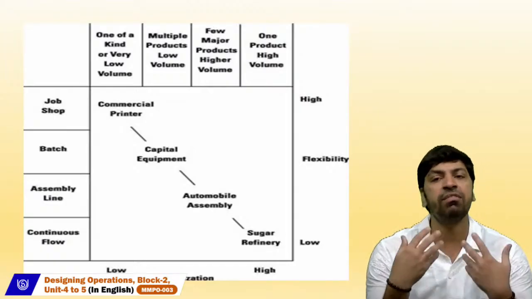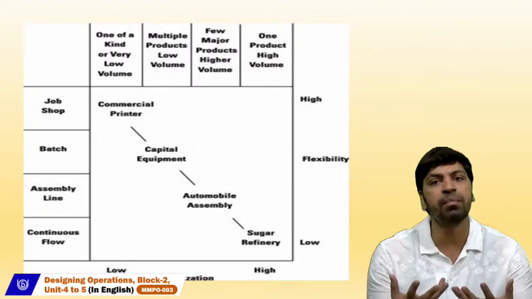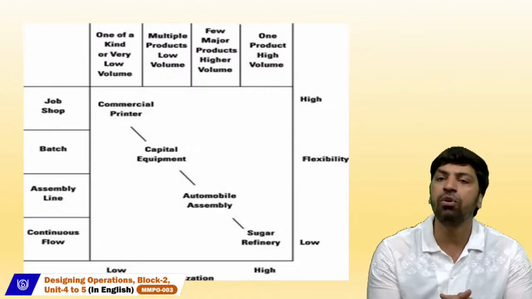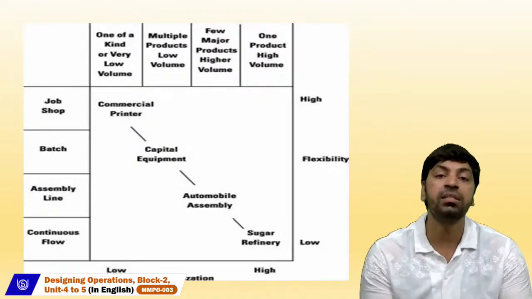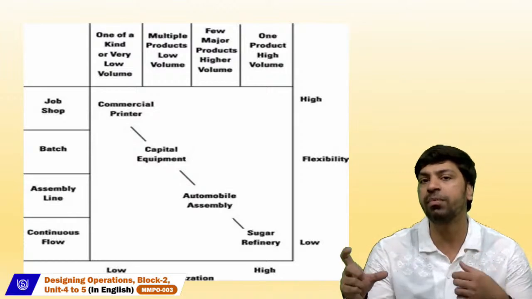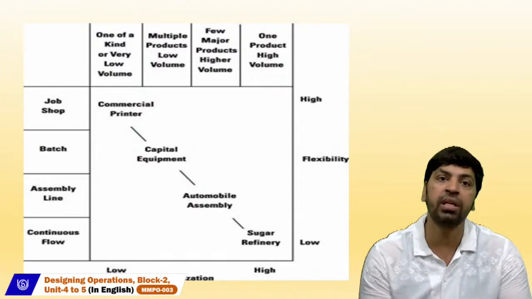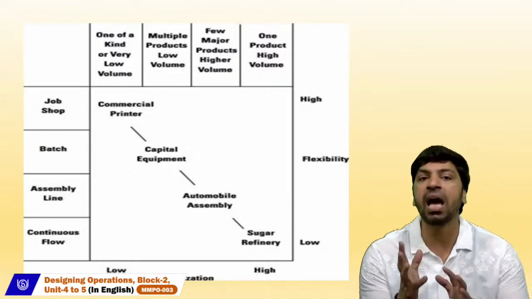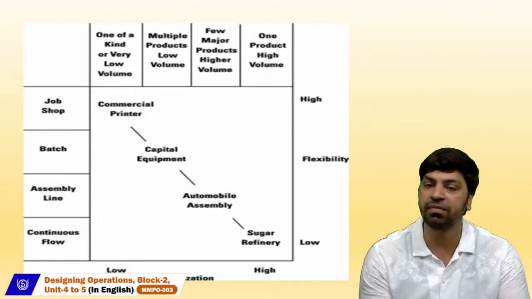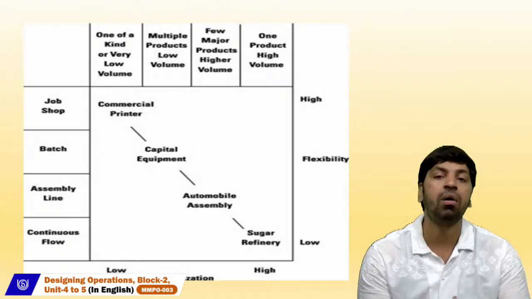Where there are very few single products and a moderate volume, it is a moderate specification. But when we talk about one standardized product with a high volume, it is a high specification, and accordingly we can decide on high flexibility and low specifications and how it could work.